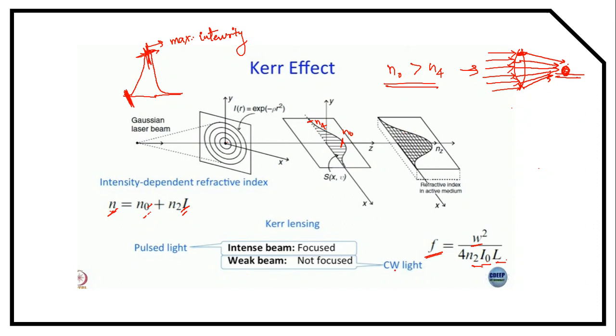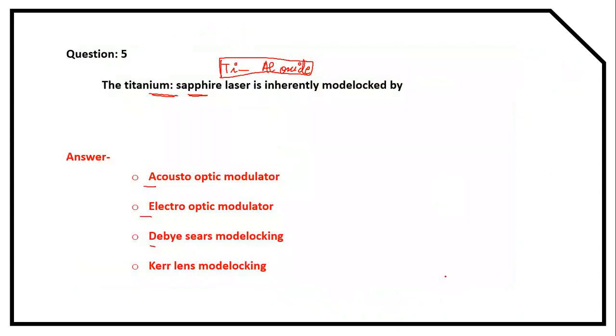So we will not see this Kerr effect for a continuous wave light; only pulsed light of higher intensity will show this Kerr lensing, and not lower intensity. Got it?